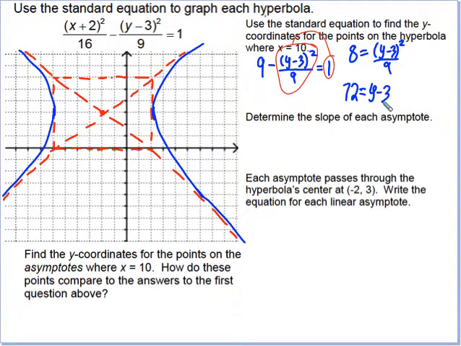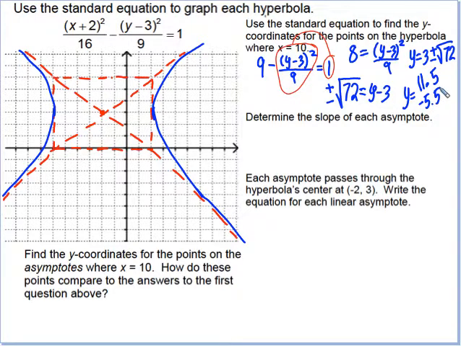To get rid of the squared, you take the square root. When you take the square root of a number, your answer is going to be positive and negative. Now we just need to get rid of the negative 3. So your y value is going to be 3 plus and minus the square root of 72. You can plug that into your calculator and you'll get approximately 11.5 and negative 5.5.